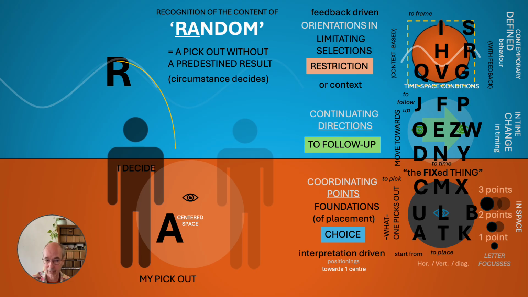So the circumstance decides towards everything what I pick out. That's the Ra here, and that's already very understandable from here, and it already expresses almost what is going on in this word random already in the first two letters. It's almost deciding the full perspective already of what will come out of it, but with a certain more specified focus.